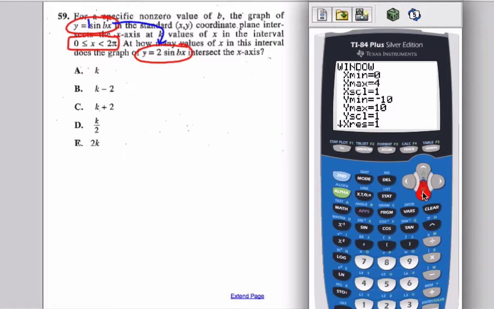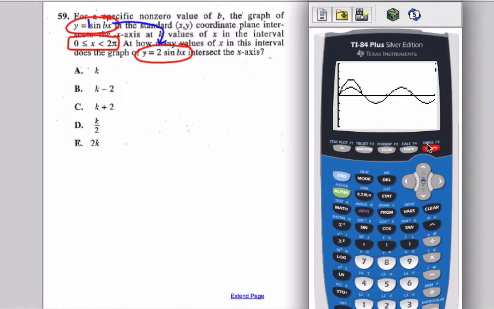The scale is 1. The y min, let's go from -4 to 4. All I'm doing is zooming in a little bit. When you hit graph, it'll graph the first equation you typed in and then the second one. Here's your first equation, and here's your second one.